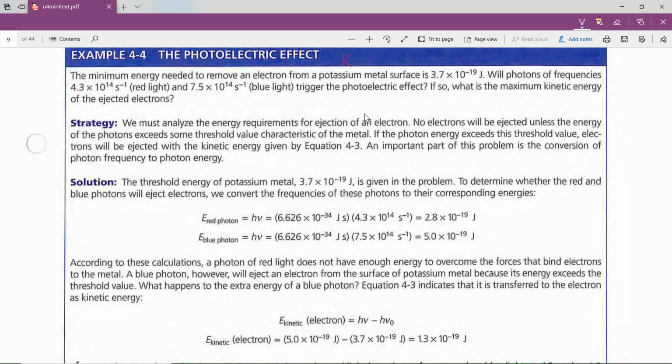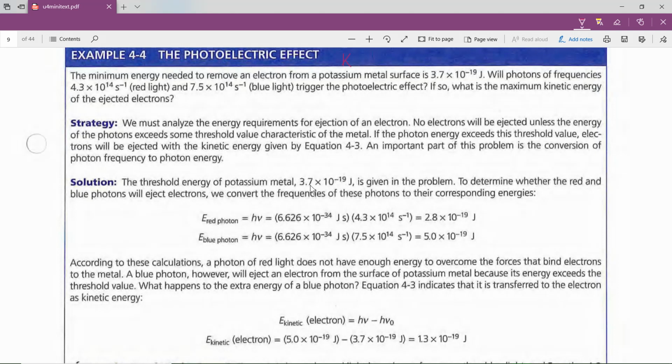If I have some red photons, 4.3 by 10 to the 14 hertz, and blue photons, 7.5 by 10 to the 14 hertz, will they cause a photoelectric effect to happen? And what's the maximum kinetic energy of the ejected electrons? So we must analyze the energy requirements. No electrons will be ejected unless you have overcome the threshold.